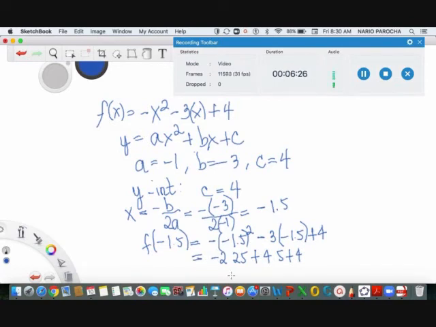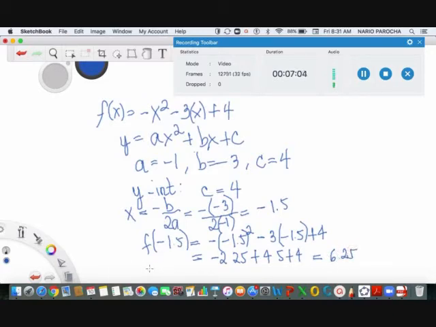We add 4.5 plus 4, that's 8.5, minus 2.25. How much is that? You have 8.5 minus 2.25, that is 6.25, positive 6.25.